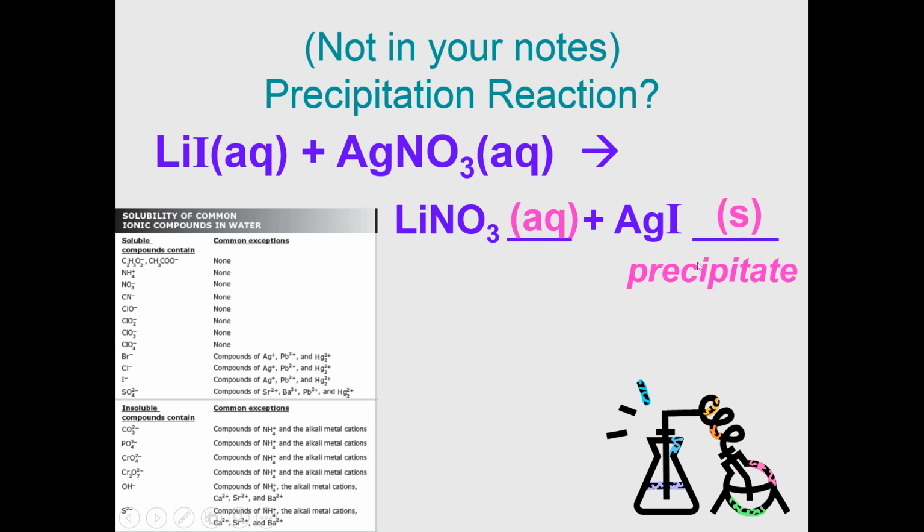This is our precipitate. This indeed makes this whole reaction a precipitation reaction. When you mix these two liquids together, silver iodide forms a precipitate, which is like a cloudy, opaque colored solid inside of a liquid.